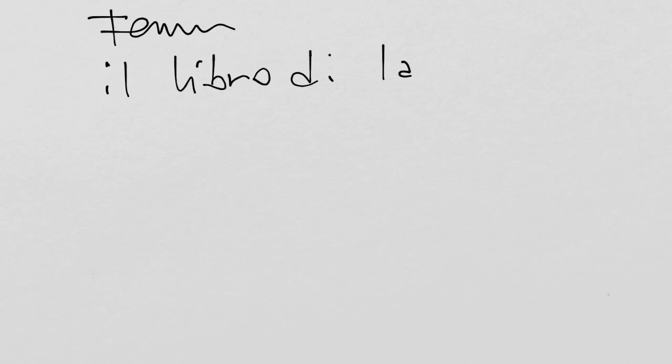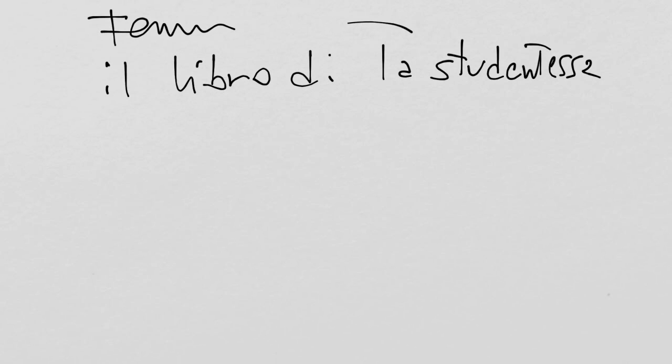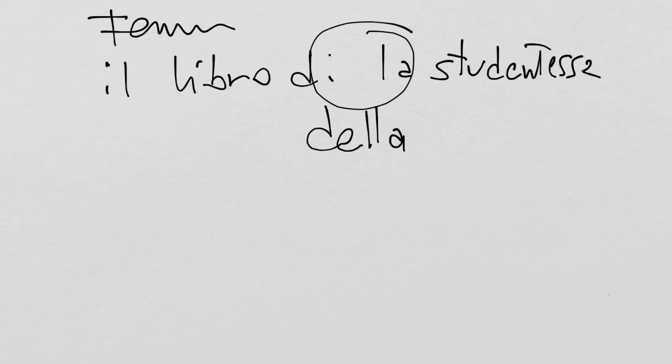So for the masculine singular we have del, dello, and then dell' with the apostrophe when the word begins with a vowel. Let's look at the feminine, and we know that the feminine only has one form, la. Il libro di la studentessa, again with great imagination. So I guess that by now you know what to do. You take di la and it becomes della.